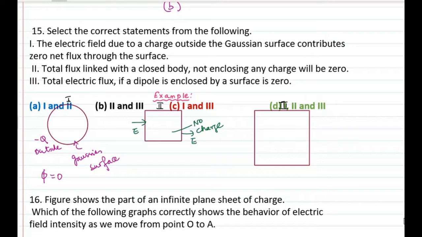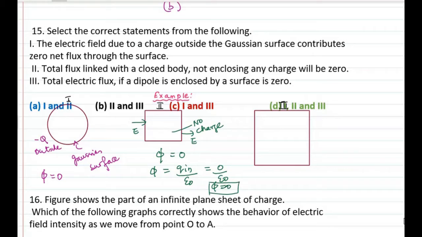Entering field lines will be equal to leaving field lines, no charge is there, so we get flux as 0. We know phi is equal to q in by epsilon naught, so no charge means 0 by epsilon naught, so we get phi is equal to 0.